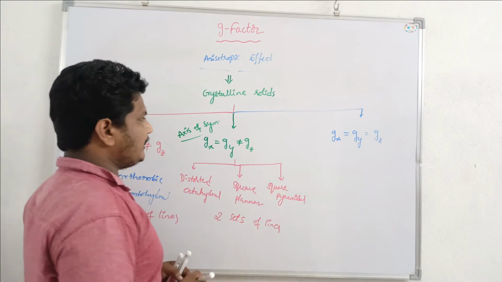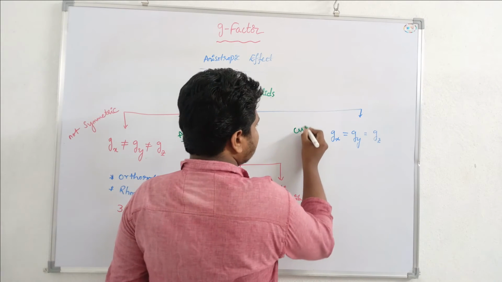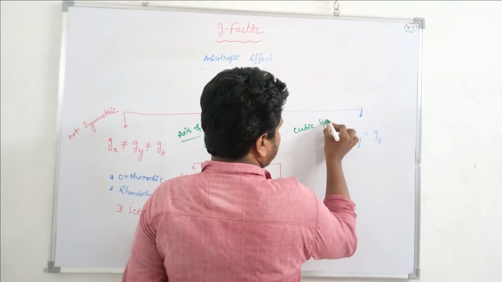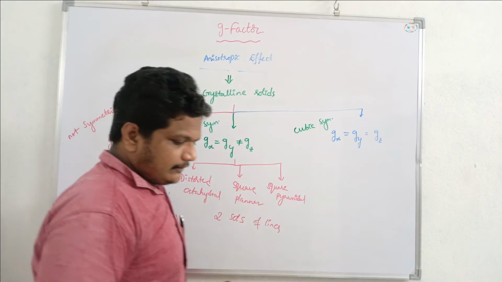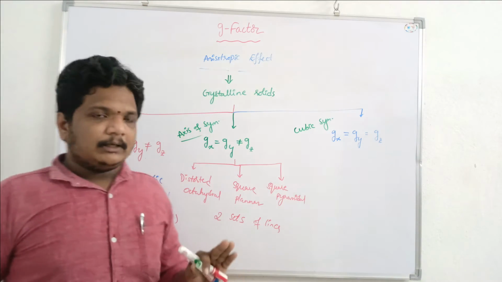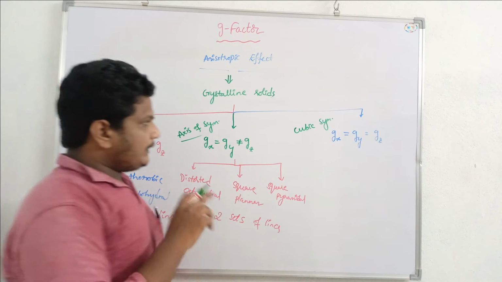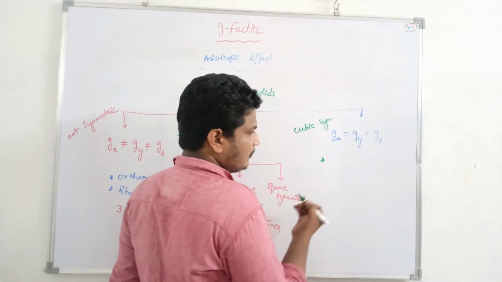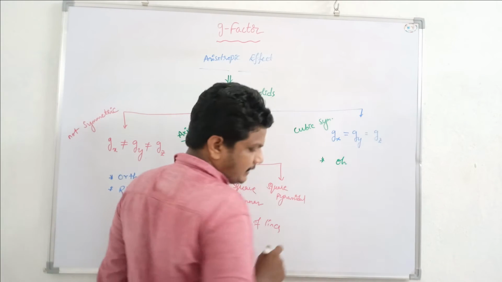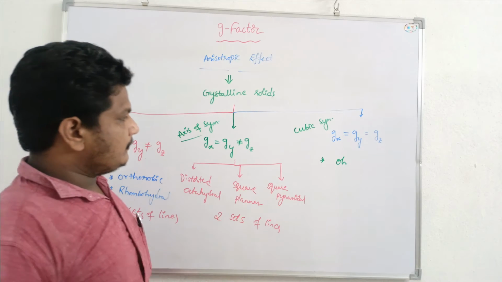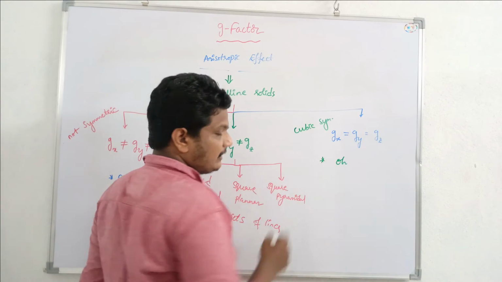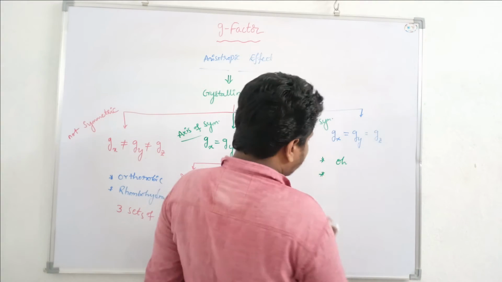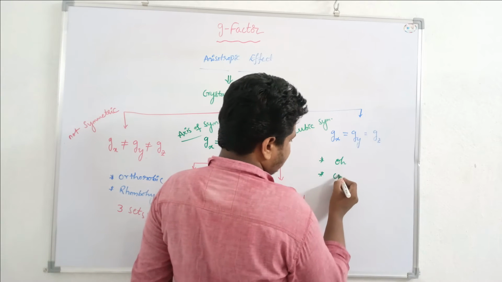This kind of thing we observe in the case of cubic symmetry, so cube-type symmetry, in cubic symmetric molecules. In this case, generally, regular octahedral complexes can exhibit this kind of g value, and also a regular cubic structure, the perfect cubic structure.